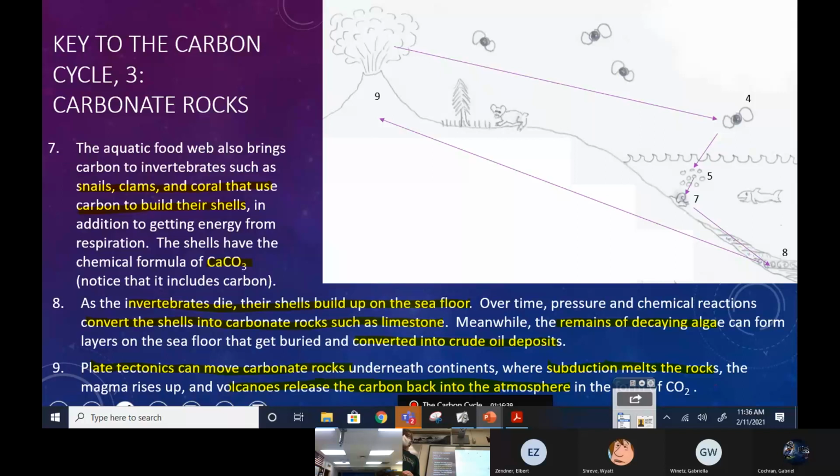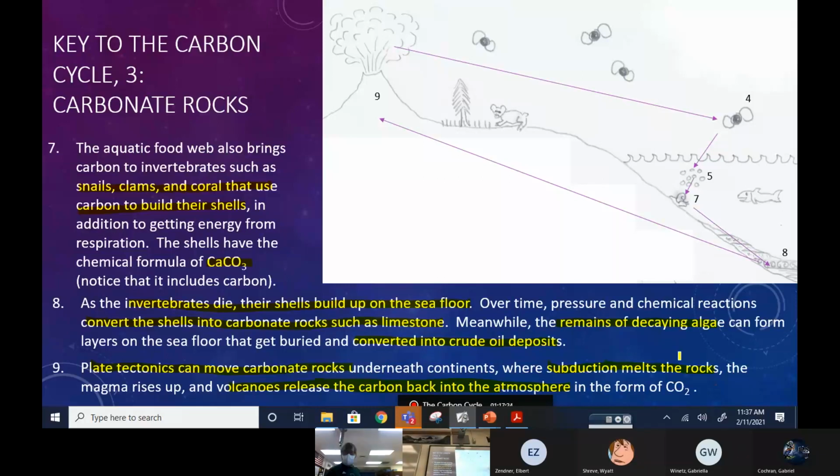That way it's a little less overwhelming and less confusing. All right, next slide.